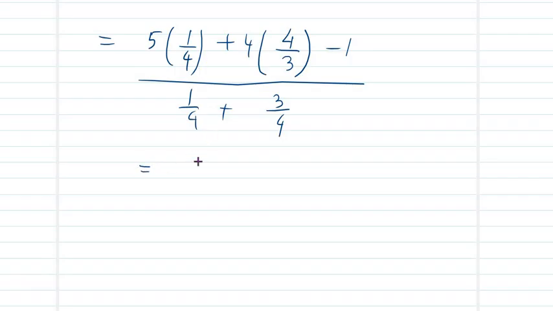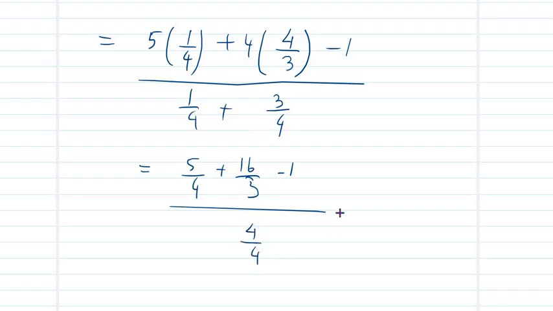So calculating, in the numerator we have got 5 by 4 plus 16 by 3 minus 1, and in the denominator 1 by 4 plus 3 by 4. When we just simply add them, the denominators are the same. We add, we get 4 by 4, which is equal to 1. So only the numerator we have to concentrate on, the LCM being 12: 5 by 4 plus 16 by 3 minus 1.